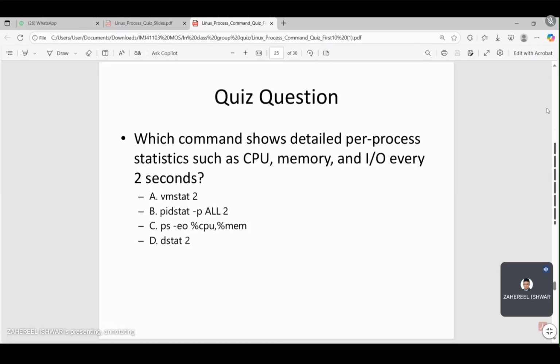Which command shows detailed per process statistics? You guys know the answer, right? Every 2 seconds. Oh, there you go. Which one is the answer? Anyone? Or give it a shot on your machine.